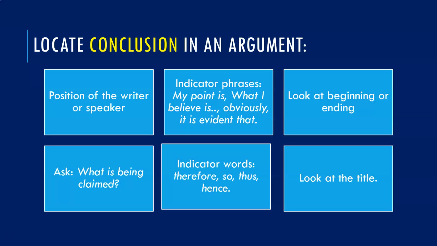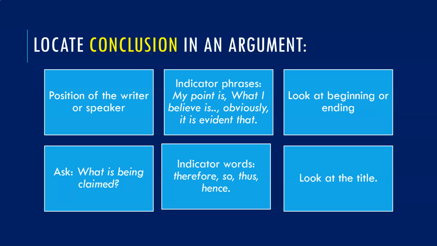Look at the beginning or the ending in your reading. Look at the beginning, in their thesis statement, where they tell you their stance on an issue. And look at the end: after all of this evidence, this is why I believe you should agree with me. That is the end. Look at those to tell you where these writers or speakers are standing.